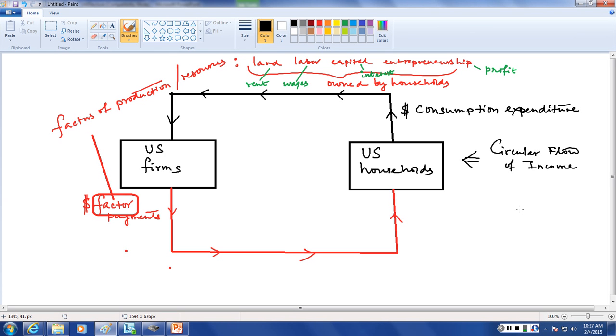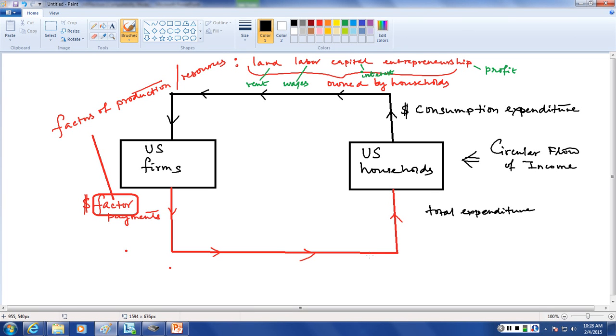Now one thing this flow tells us is that if you look at total expenditure in the economy, in our simple story here, total expenditure is equal to consumption expenditure, right? The money that's being spent in this economy. Well, in this story here, the only money that is being spent on goods and services comes from households.